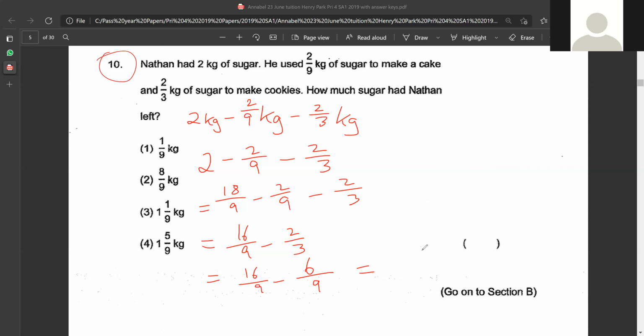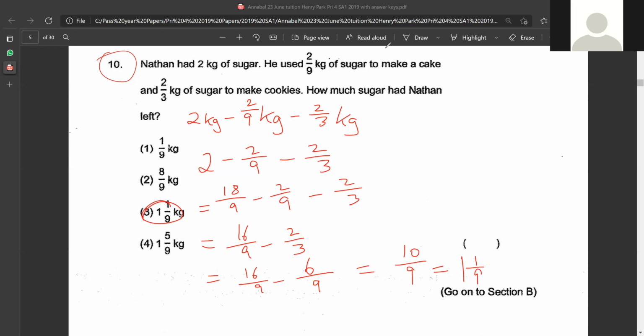Then the answer is 10/9. 10/9 as a mixed number is what? 1 and 1/9. Yes. So answer is number 3.